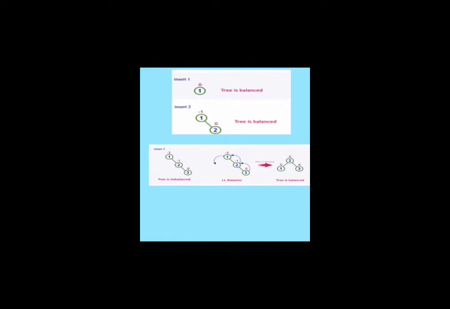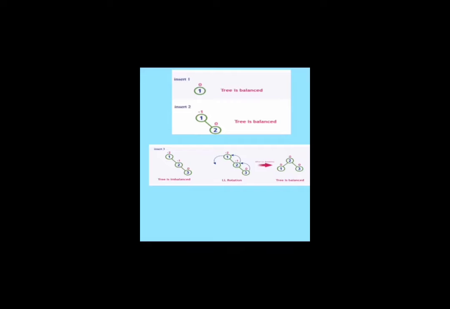Second, if there is an imbalance in the left child's left subtree, perform a right rotation. Third, if there is an imbalance in the right child's right subtree, perform a left rotation. Fourth, if there is an imbalance in the right child's left subtree, perform the right-left rotation.